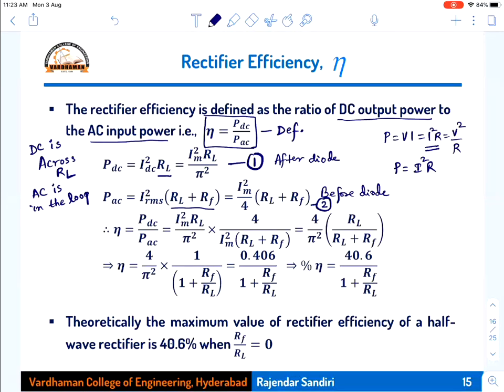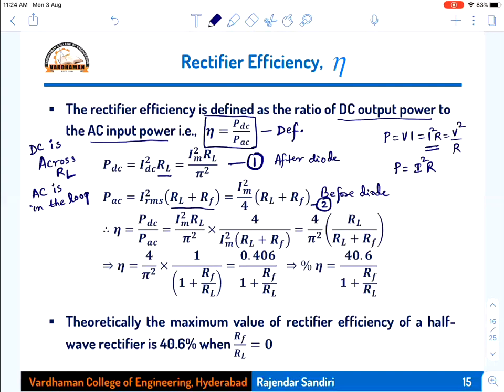So when we are taking before the diode, the load will be both the diode resistance as well as the load resistance. But DC is obtained after the diode, where there will be only one resistor, that is RL. So when we are writing PDC, we write IDC square into RL. When I am writing PAC, we write IRMS square into RF plus RL. So this is before the diode. The PDC is after the diode.